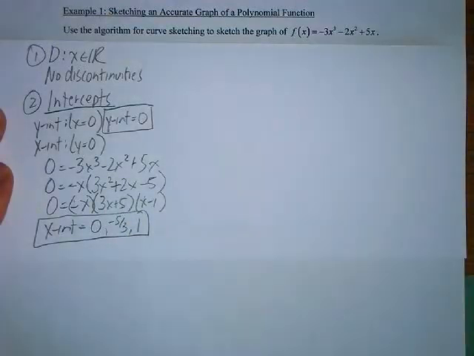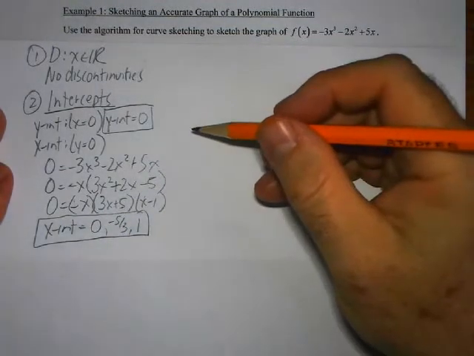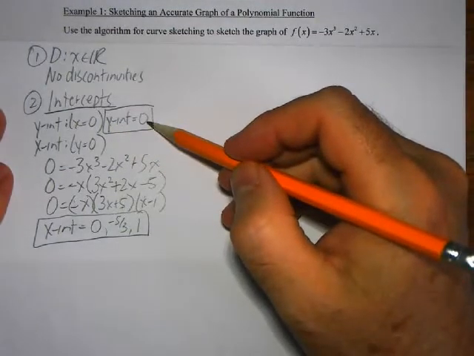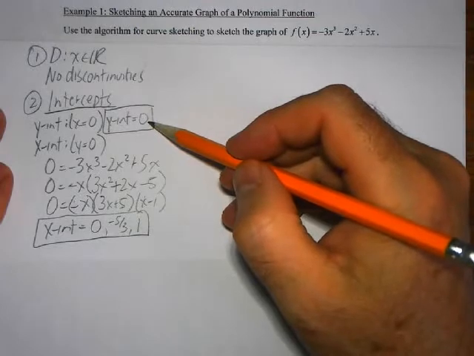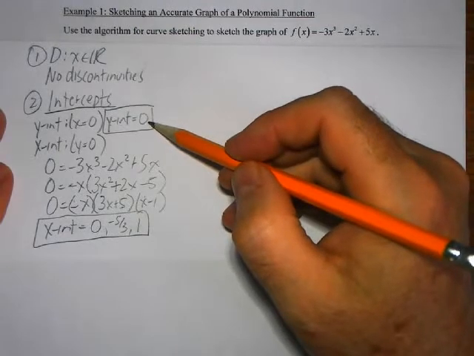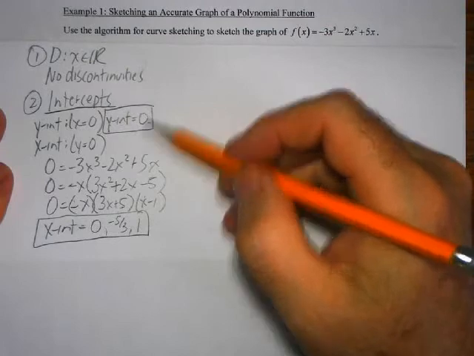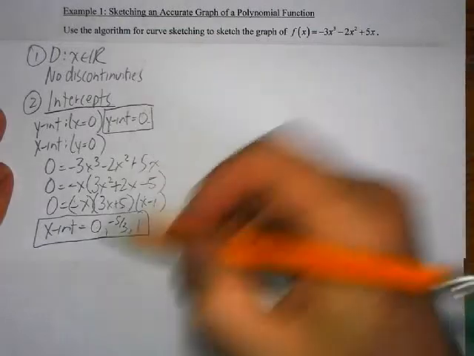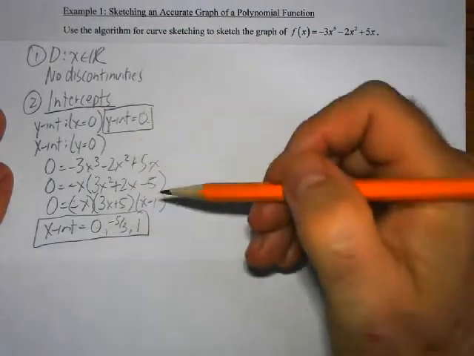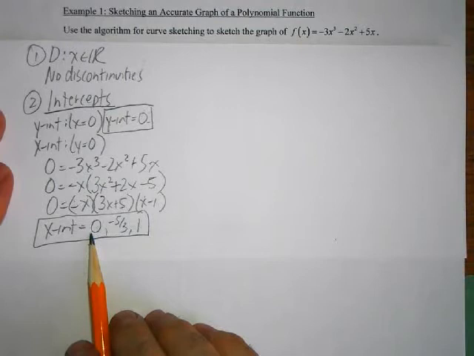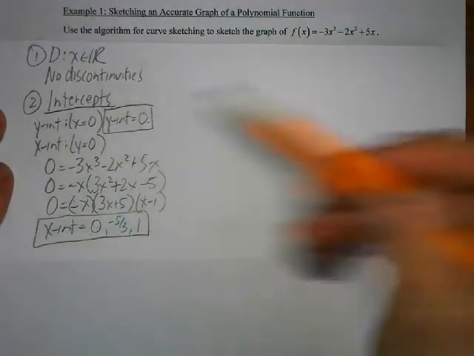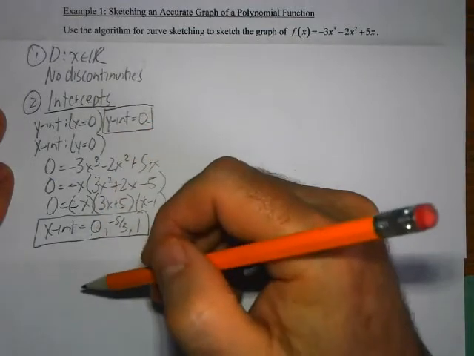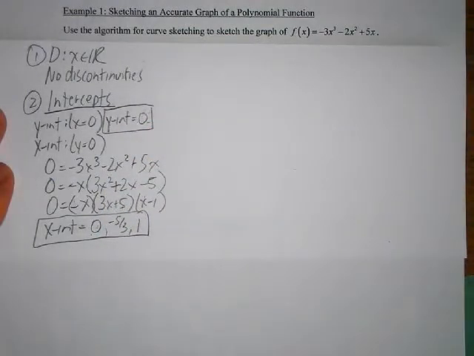And one thing, in case maybe you've never seen this before, if you get a y-intercept at 0, that means there's a point on the graph at 0, 0. So a y-intercept of 0 also means an x-intercept of 0. So those two always go hand in hand. So make sure you've got both. Okay, you can't have an x-intercept of 0 without a y-intercept of 0 and vice versa. Okay, so we've got the x and y-intercepts in that stage.